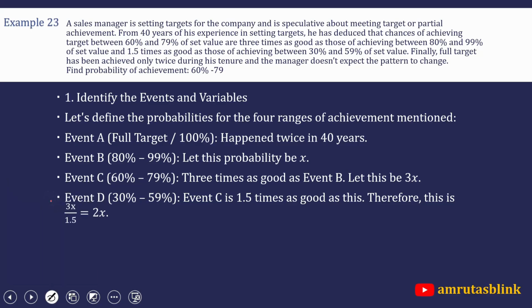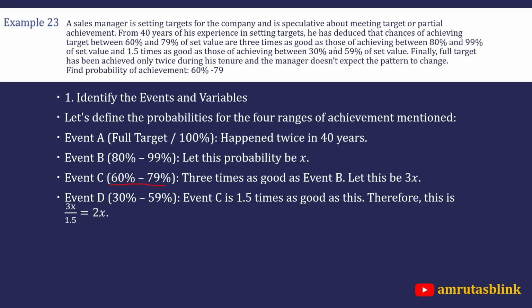Now we will write down all the probabilities. So from the 40 years of experience in setting targets, he has deduced that chances of achieving the target 60 to 79% of set values are 3 times as good as. Now 3 times of what? So this 60 to 79% is 3 times of something.